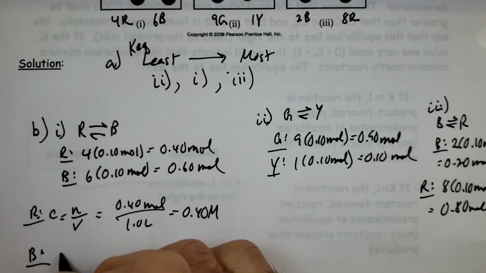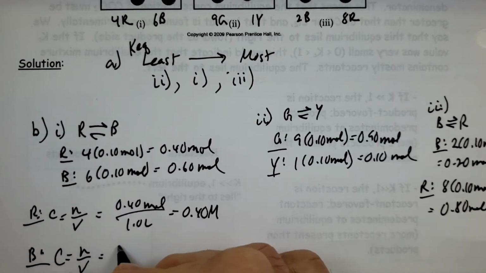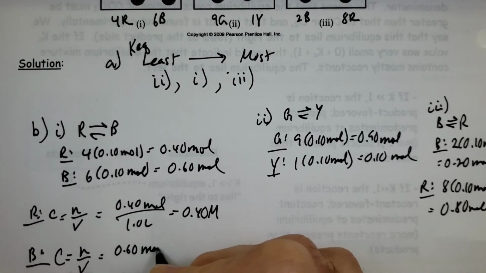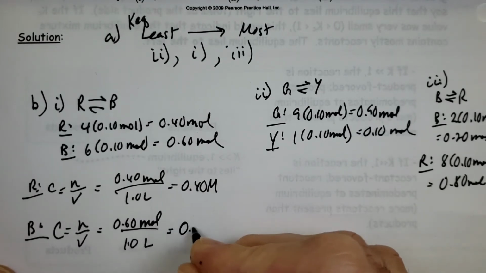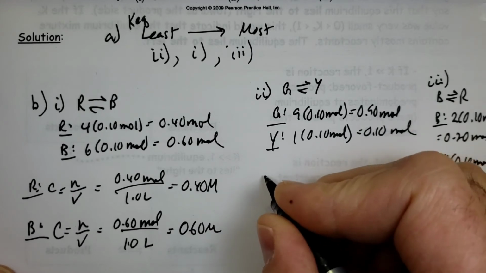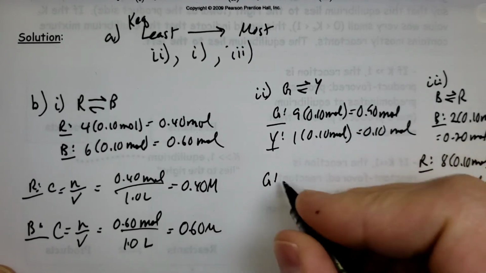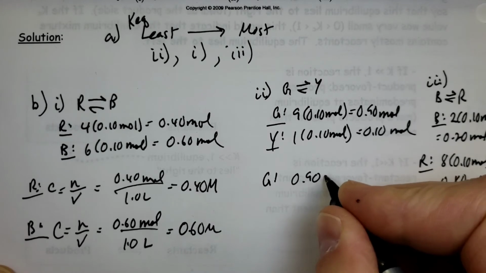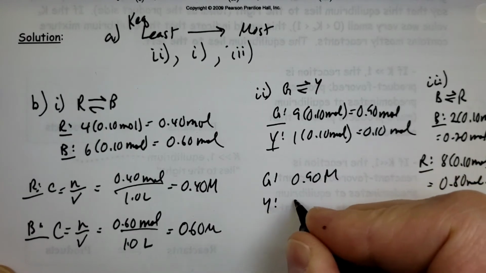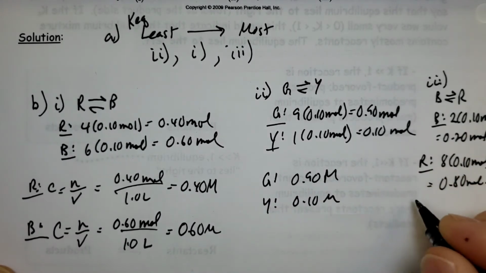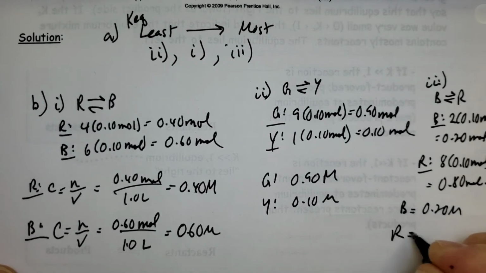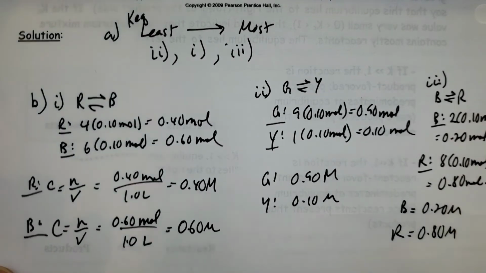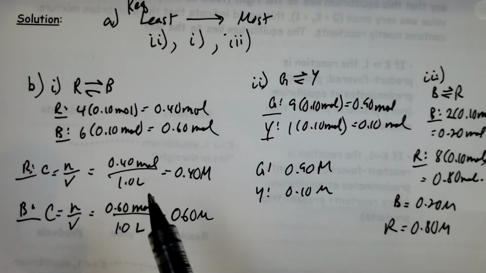Blue, C equals number of moles over volume, 0.6 moles over 1 liter, 0.6 molar. And then we can make this quick because we know we're just going to be dividing by 1. So 0.1 molar. Then over here, blue is going to be 0.2 divided by 1, which is 0.2 molar. And red is 0.8. We don't have to show all the work here. It's the same process, and the volume is easy. It's 1.